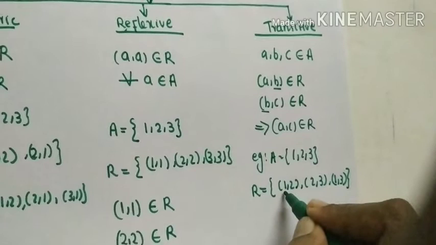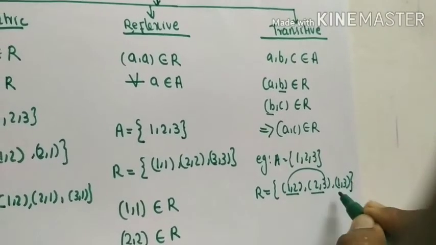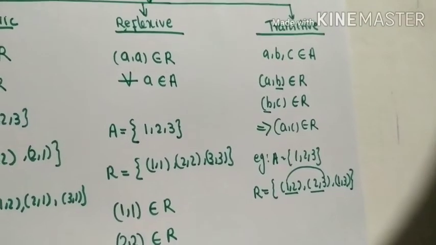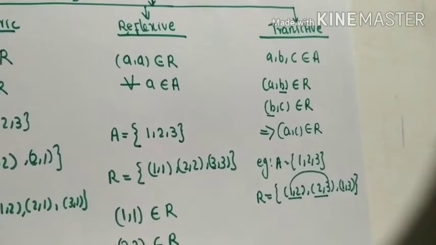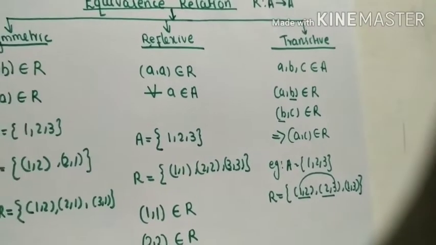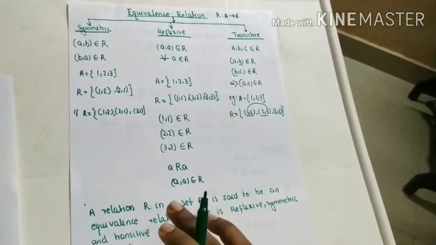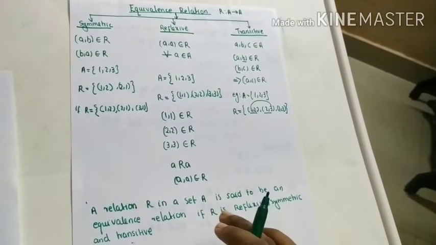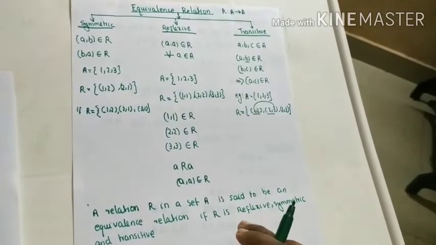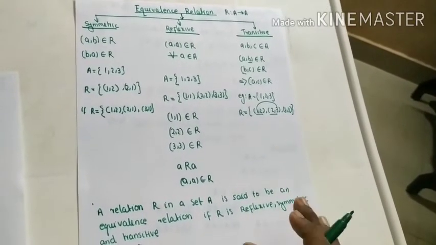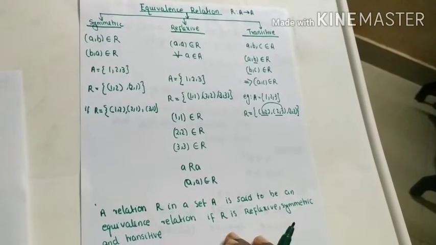That is, (1, 2), (2, 3) and (1, 3) is also present in this relation, and such a relation is called a transitive relation. I hope you understood all these three relations. A relation R in a set A is said to be an equivalence relation if R is reflexive, symmetric and transitive. Okay, I hope you understood.